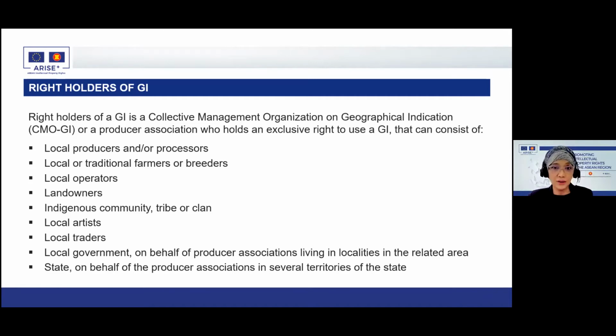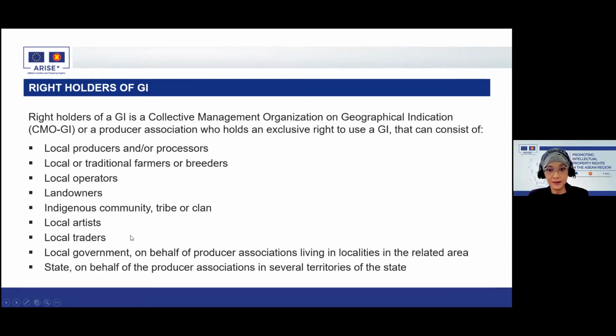Local artists and local traders can be holders of GI too, but most of the time, local traders should have connections with the producers, or maybe the producers act as local traders as well.